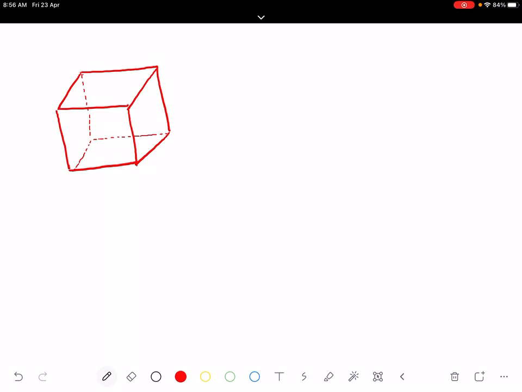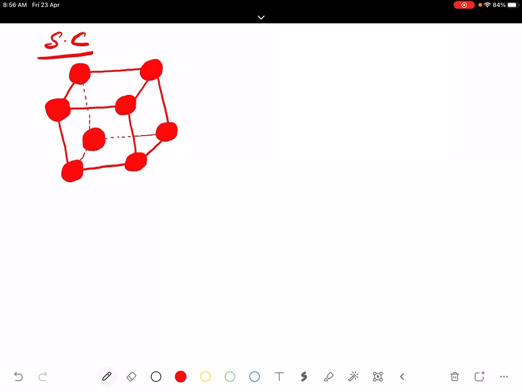So in the case of simple cube, only one atom is present.